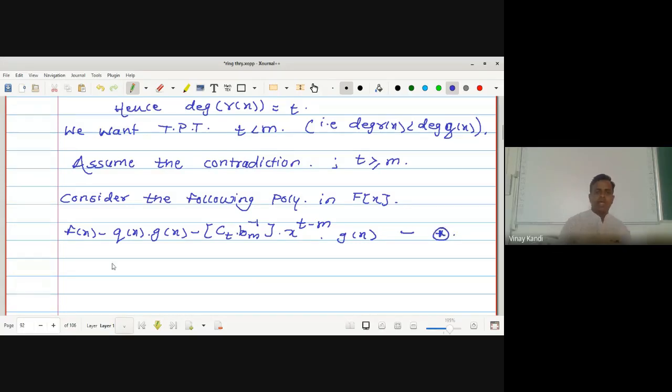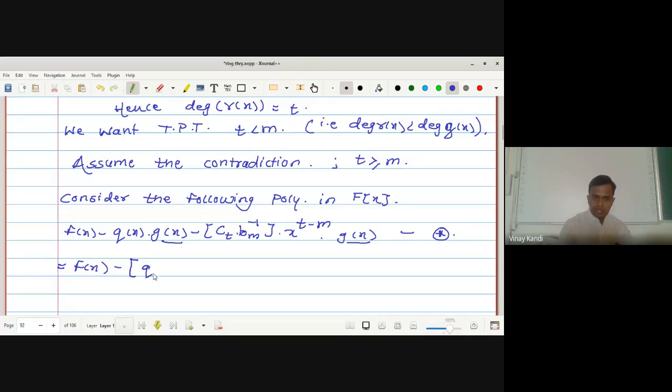Okay, I consider this polynomial f of x minus q of x into g of x minus ct into bm raised to minus 1. Okay, inverse of bm, multiplicative inverse of bm, into x raised to t minus m into g of x. Okay, what is the value of this one? Which is equal to, look at here, this is f of x as it is, minus taking g of x common.